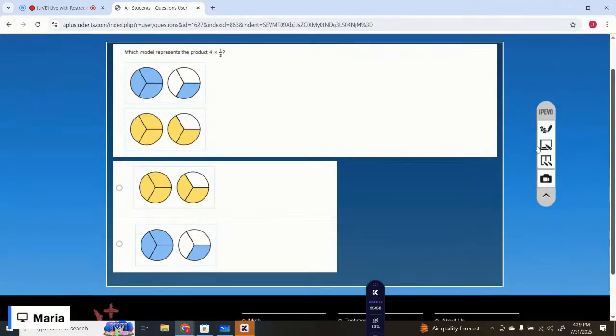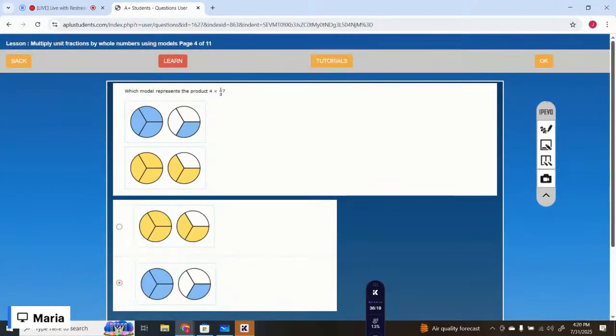Option number 2 is the correct option. Four times 1 by 3 is 4 by 3. Option number 2 is the correct option.